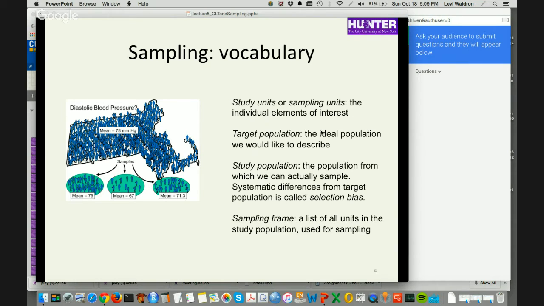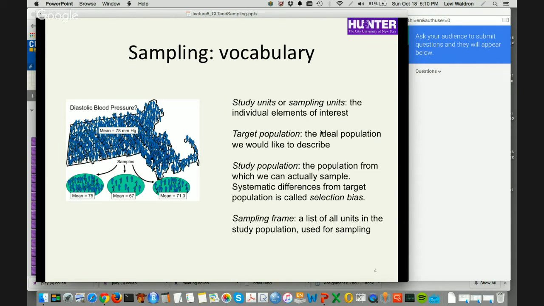So a little bit of vocabulary about sampling, and types of sampling that we do. Study units or sampling units are the individual elements of interest. In the example we see here, those would be people, but it is possible for them to be things other than people.